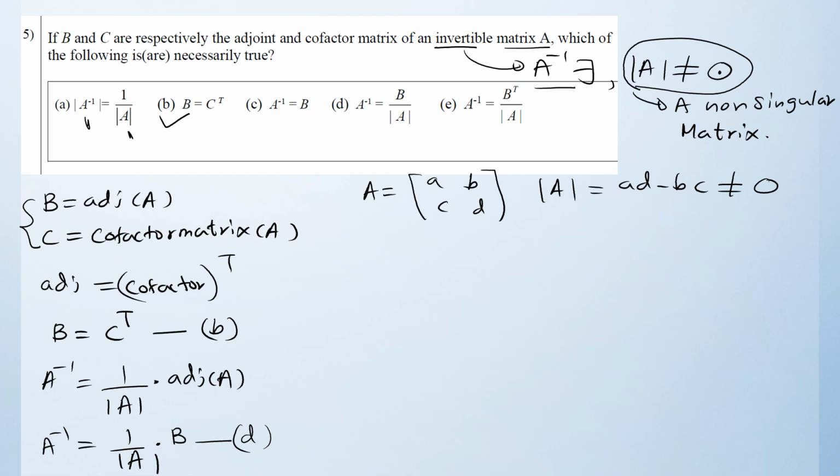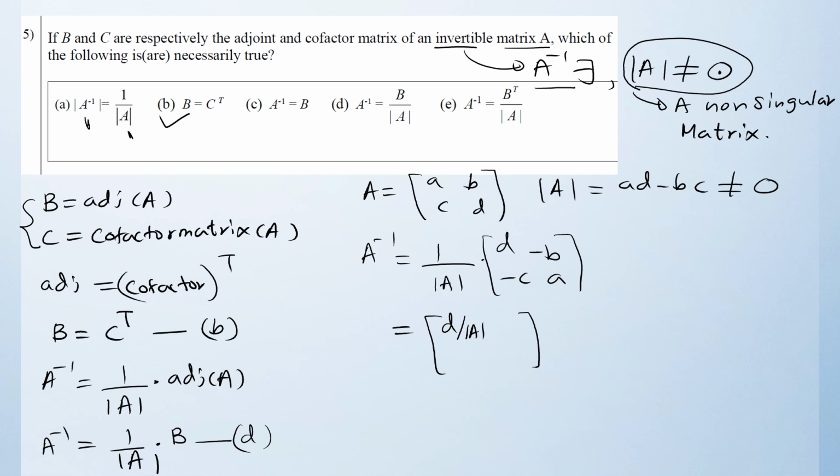So we can find the inverse of A, which equals 1 over determinant of A into the adjoint of A, that is d, minus b, minus c, a. So determinant A divides all these 4 elements: d over determinant A, minus b over determinant of A, minus c over determinant of A and a over determinant of A.